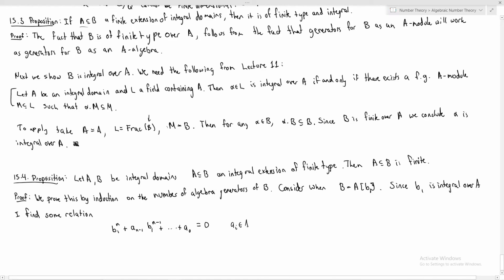All these A_i's are in A. Okay, so now I claim that we can take as a list of generators 1, B1, and so on, B1 to the n minus 1, to generate B as an A module.